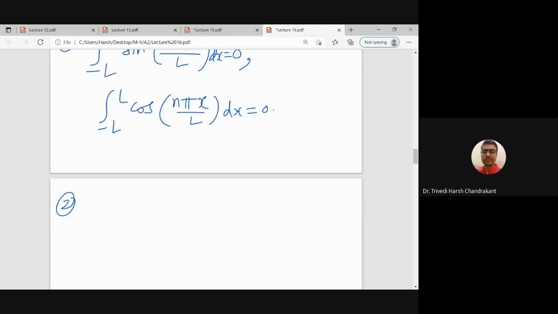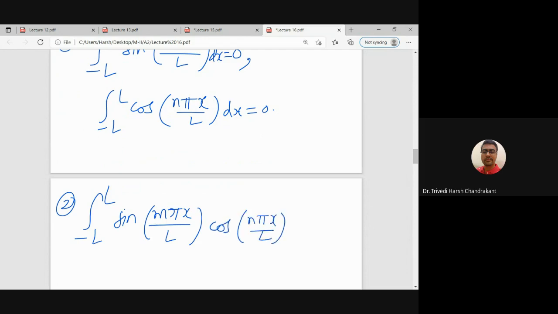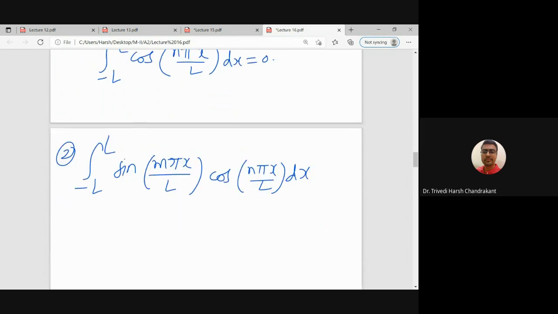So the next formula is, if we integrate from minus L to L sine m pi x divided by L times cos n pi x divided by L dx, then what will be this value?